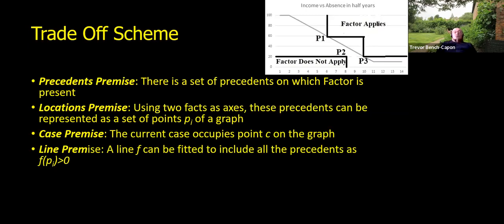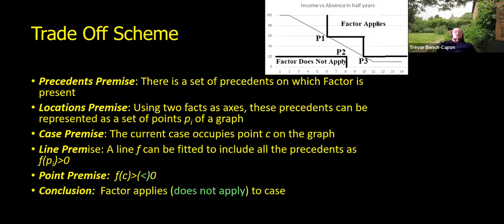The line premise fits the line to include all of the precedents that we want. The point premise says that this line also includes or does not include the use case, from which we conclude that a factor applies, respectively does not apply, to the use case.